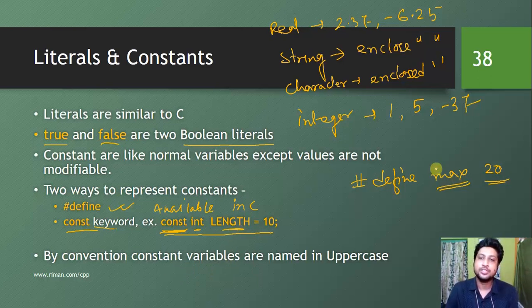So this should be MAX. This is a convention, not a rule by the C++ compiler, but a convention of programmers. All programmers follow this convention so that there is some uniformity in programming. This is how you can declare constant variables in C++.